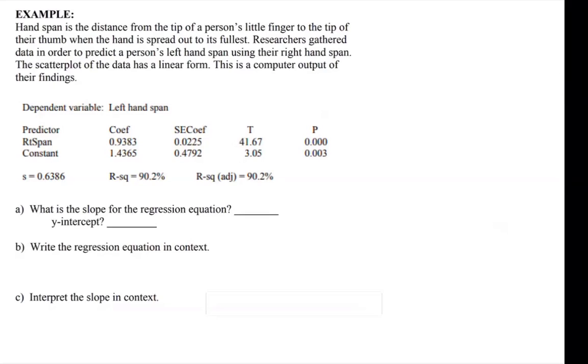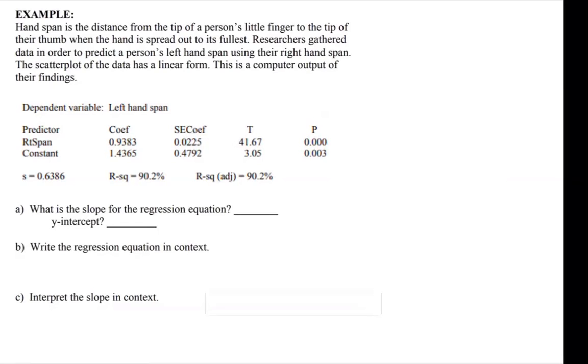So if you told me what this was, I could estimate what this is without measuring. You would imagine that they would be very close or the same, right? Well, that's what they measured.